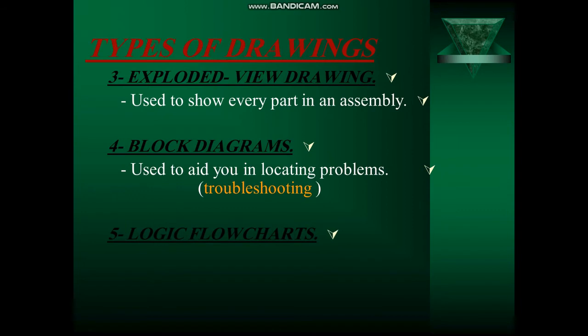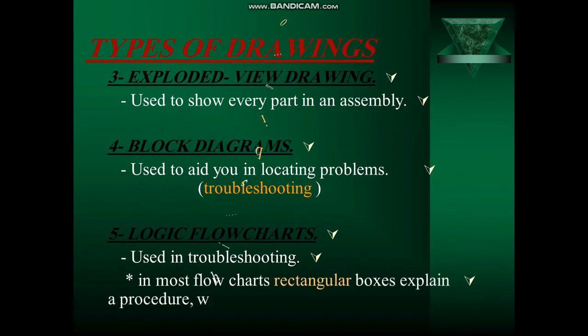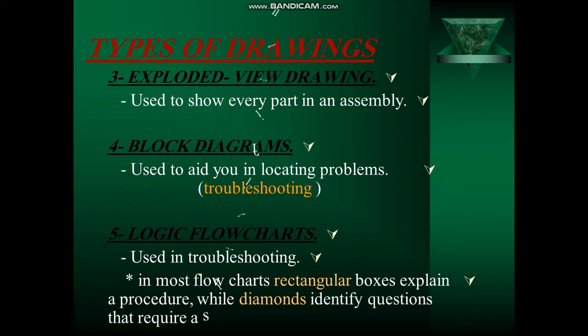The fifth type is called logic flow charts. The logic flow chart is used in troubleshooting. In most flow charts, a rectangular box explains a procedure, while a diamond identifies a question that requires a specific answer.